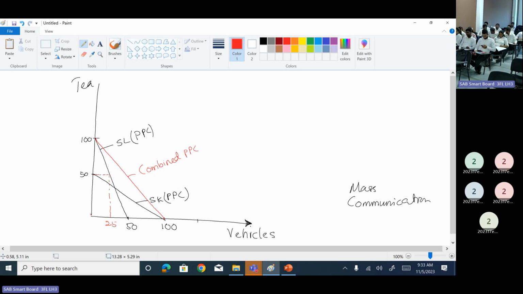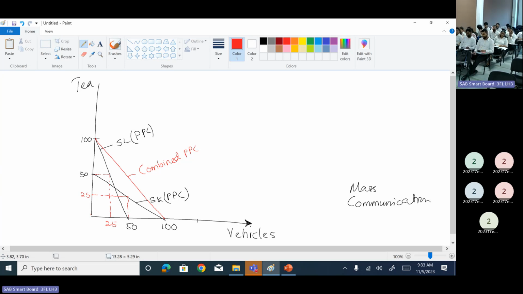When it comes to South Korea, they produce 25 units of tea and 50 units of vehicles. These are the production points before the trade.